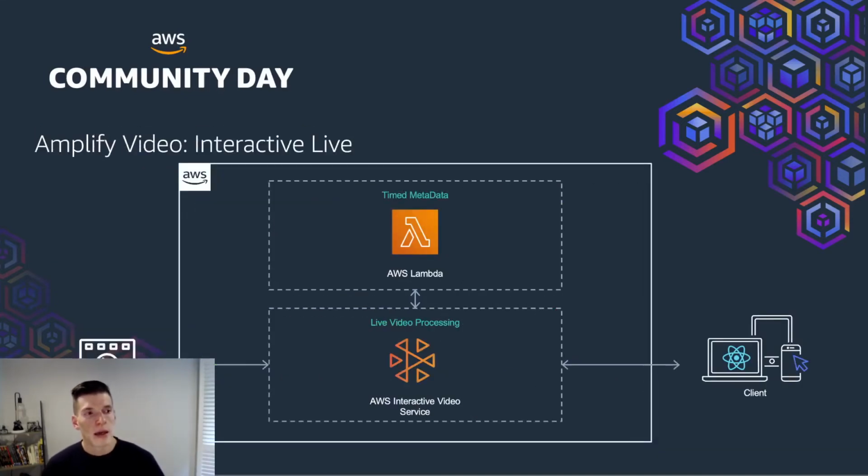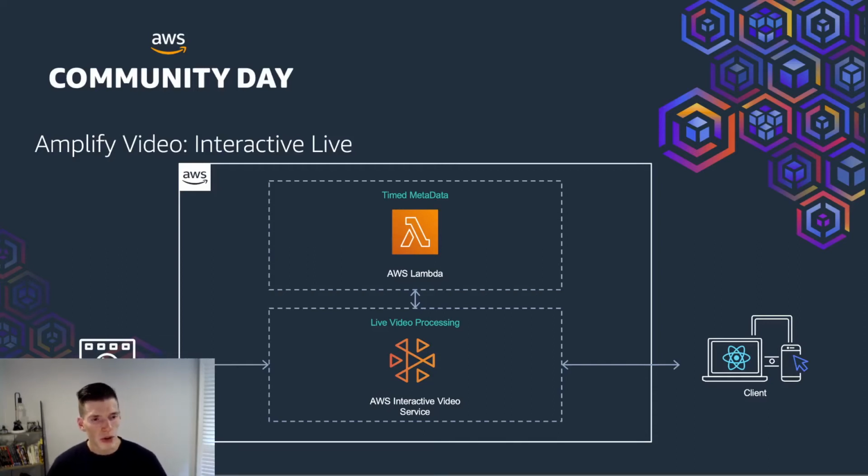And the last architecture that I wanted to show you from the plugin is this interactive live service. So at a glance, at a very high level, this sort of produces the same type of experience that if we use the first one with the Elemental Media Suite. But in this case, we're making use of a relatively new service in the AWS platform, which is our interactive video service.